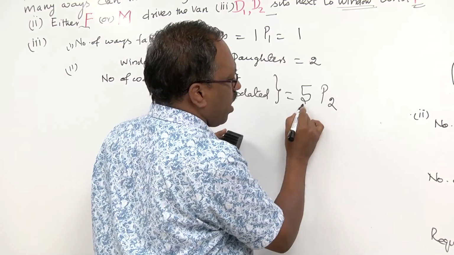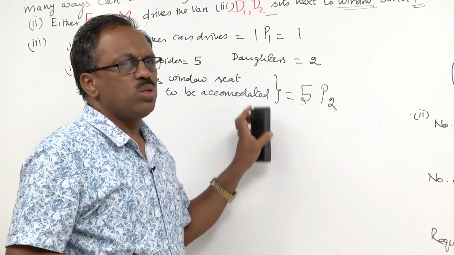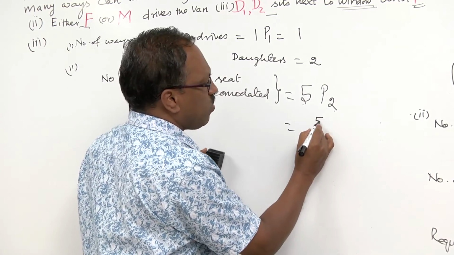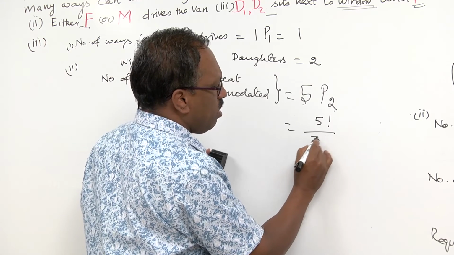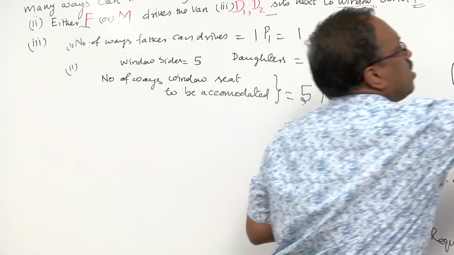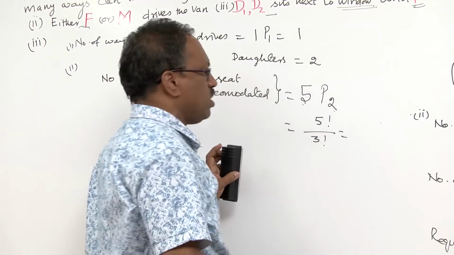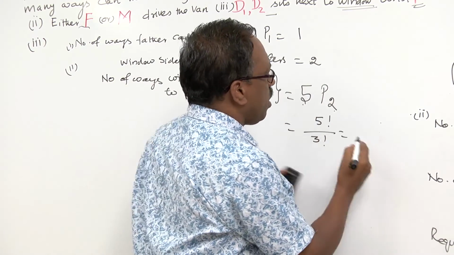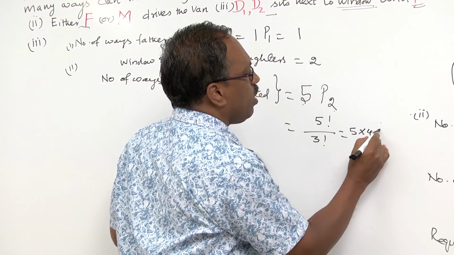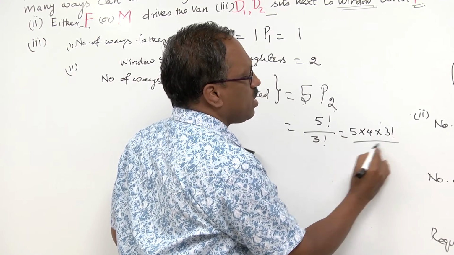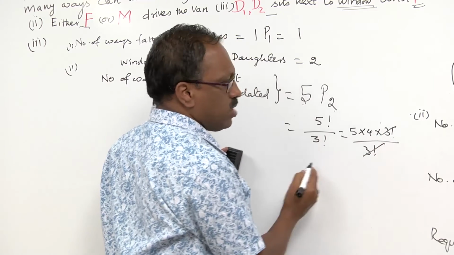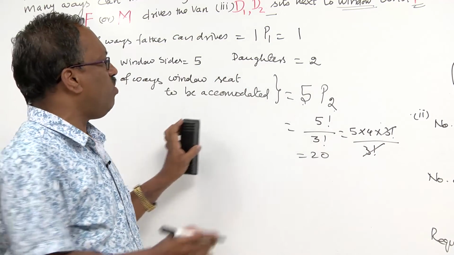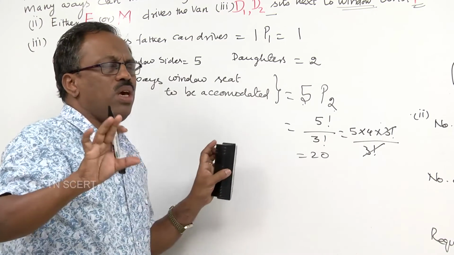The places are 5, daughters are 2, so 5P2 ways. That is 5 factorial by 3 factorial, according to this formula, 5 minus 2 is 3. So 5 into 4, which is 20, because 5 into 4 into 3 factorial, I can stop this. These two are getting cancelled, which means it is 20 for the daughters to be accommodated.